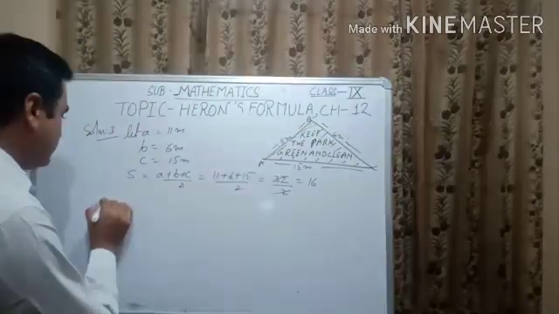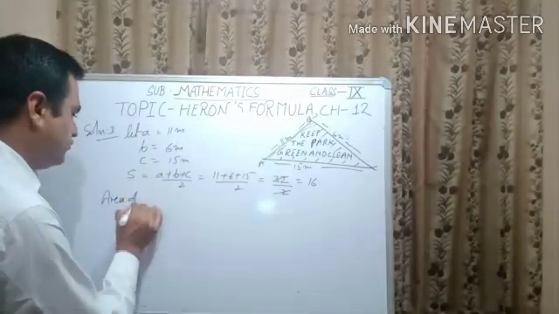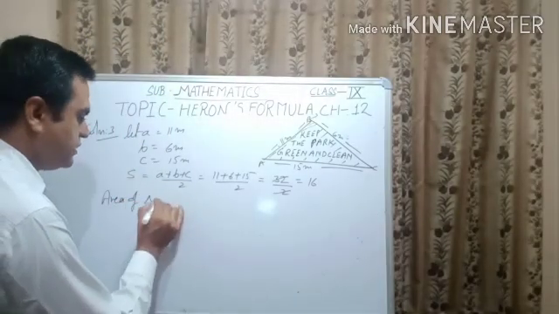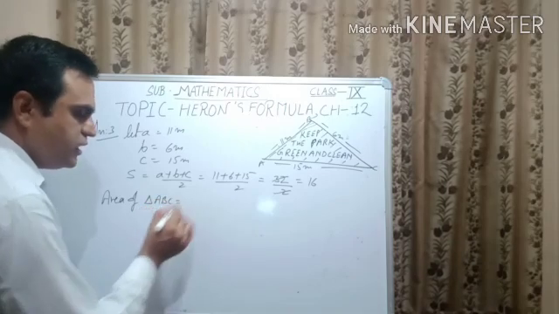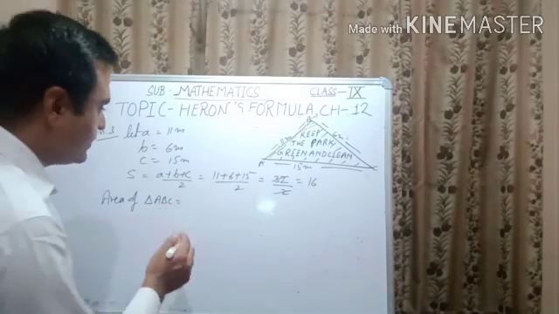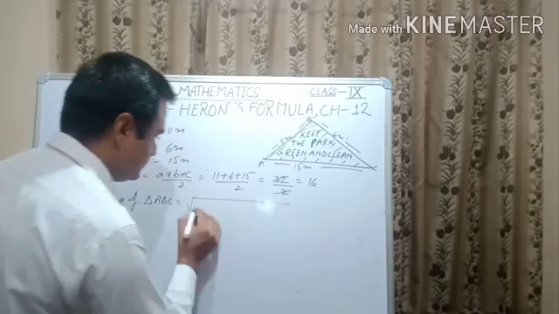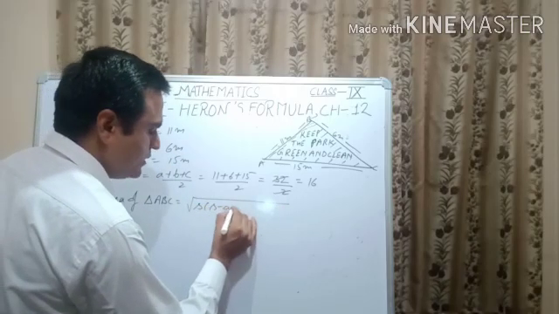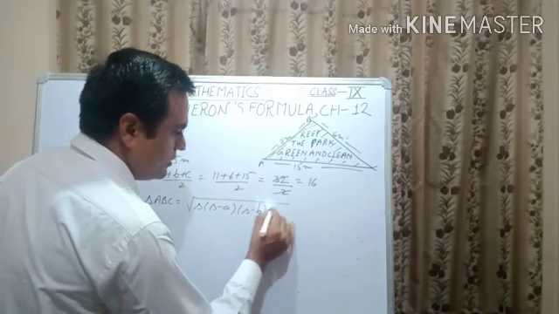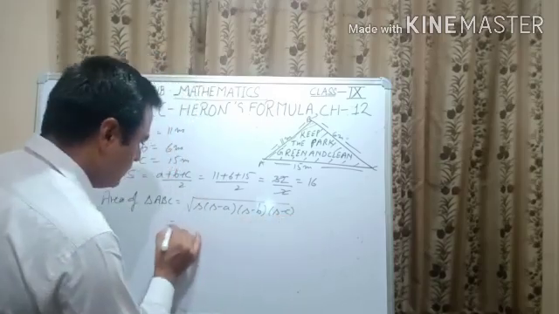Now we are using area of triangle ABC, or area of scalene triangle, equals under root S times S minus A, S minus B, and S minus C. Put the values.